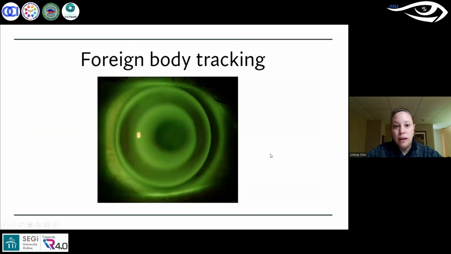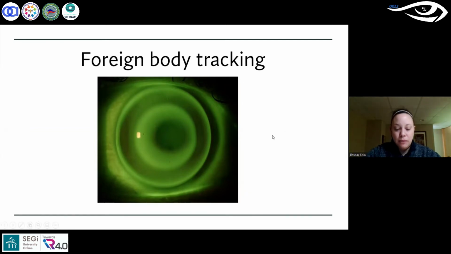Another thing to be on the lookout for would be foreign body tracking. You may think that this is some sort of dryness, or maybe you think the base curve is too flat and it's causing staining. But if the patient does indeed have this kind of foreign body tracking, like you see here, where you have these lines, usually they're vertical or oblique, it could be because something just got under the lens and the patient has blinked and it has caused that.